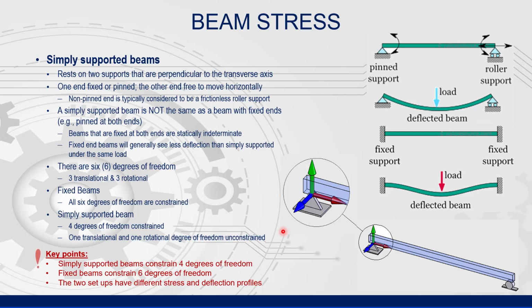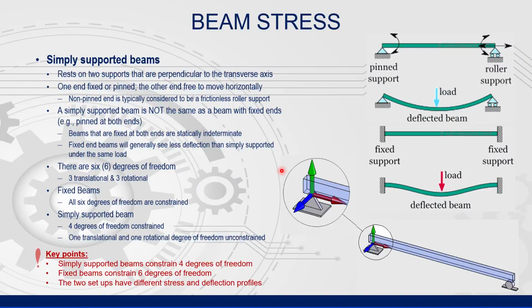A simply supported beam constrains 4 degrees of freedom. Notice the image of a simply supported beam in 3D space. Due to the pin constraint, the beam cannot rotate about either the X or the Y axis.